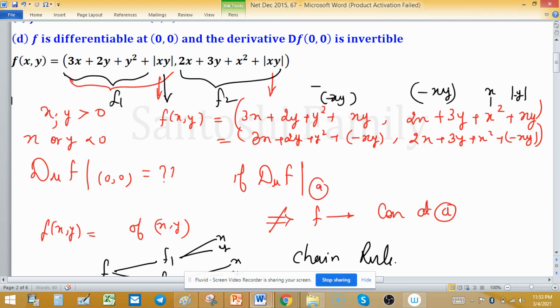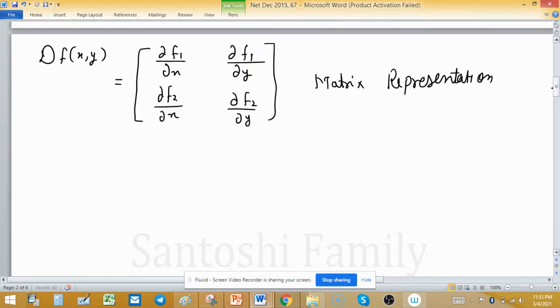The minus can be easily managed by this mod function. So the value of this one will be 3 plus mod y, 2 plus 2y plus mod x, 2 plus 2x plus y, and this is 3 plus mod x. This is the matrix representation.